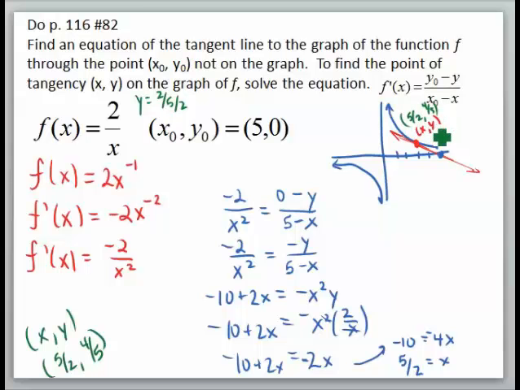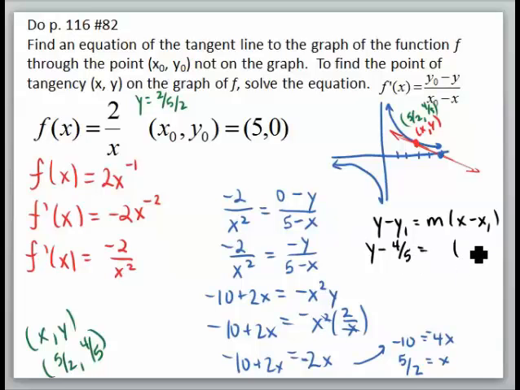So now I'm going to write the equation of that tangent line by using that point and this slope to figure out the answer. So the equation of the tangent line, I need a point and a slope. The point I figured out, the point is y minus 4/5 equals m times x minus 5/2. But I'm yet to find out what m is equal to.